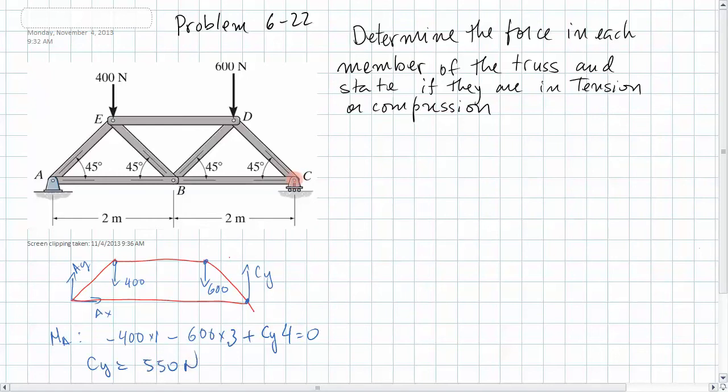So now I know Cy, and I'll see if I need A later on, but with Cy, I can go ahead and work on this joint and see what I get.